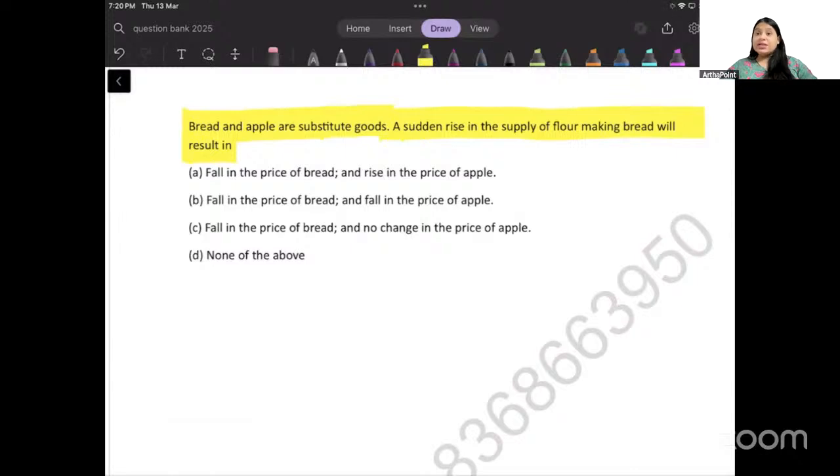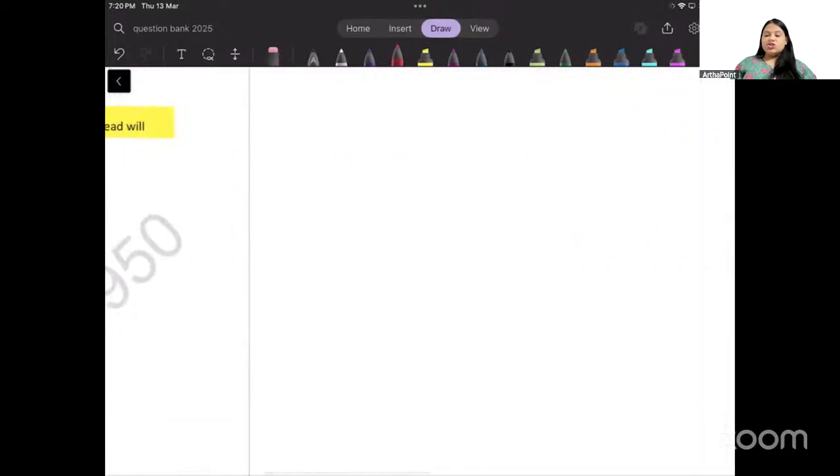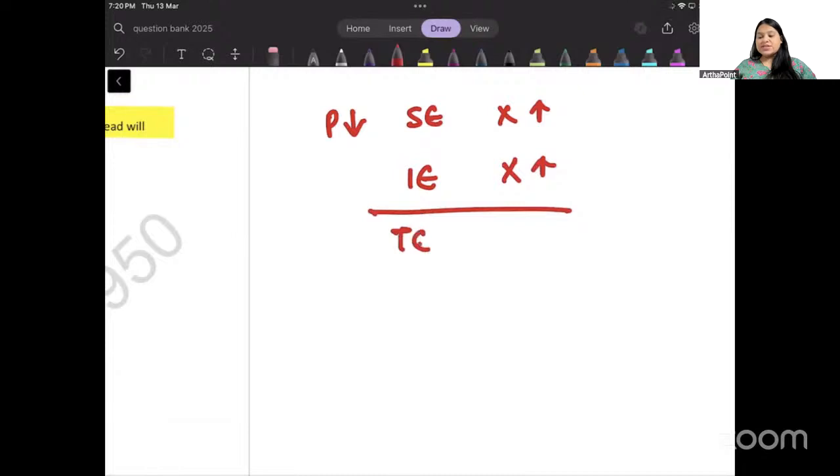अगर आप वो न्यूमेरिकल देखो तो उस न्यूमेरिकल के हिसाब से और डायग्राम के हिसाब से हमने ये बोला था कि जब प्राइस डिक्रीज होता है तो सब्स्टिट्यूशन इफेक्ट बोलता है कि क्वांटिटी इंक्रीज होती है, और इनकम इफेक्ट बोलता है कि because my real income has increased I should increase the quantity, therefore total effect says that I should be increasing the quantity. माने when price is decreasing, both substitution and income effect are asking me to increase the quantity. है कि नहीं?